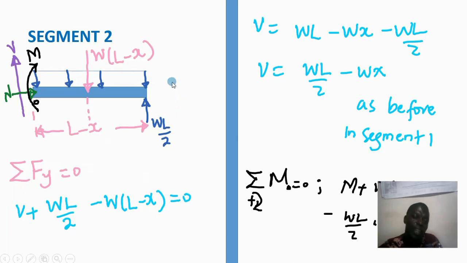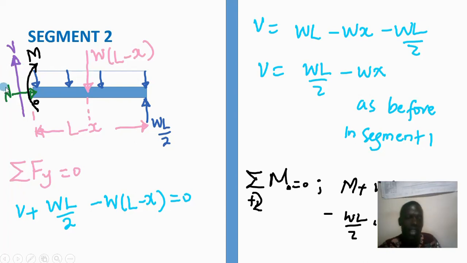Now, if we also consider segment 2, the same thing is going to happen. Since we have created a cut here, this bending moment should be equal to the other bending moment that we have calculated. The same thing should be with the shear force.